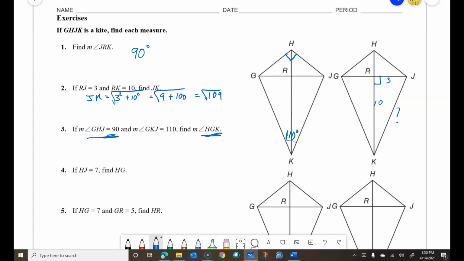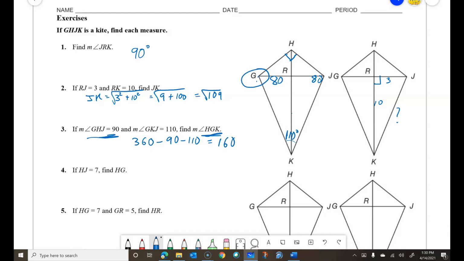Right? So where's H to G to K? It's this angle here. Remember, these two angles are opposite each other. They equal each other. And all the angles add up to 360. So if I take 360 and I subtract away the two angles that I have, the 90 and the 110, okay, what I'm left with is 160. But that's 160 for both of these angles. So these two angles would have to be 80 each.